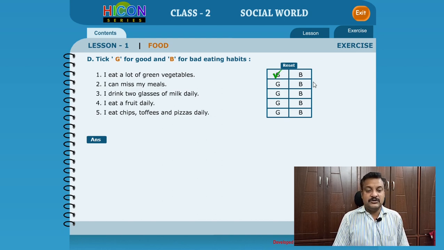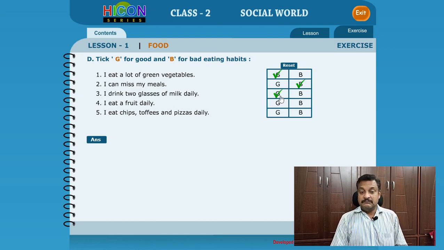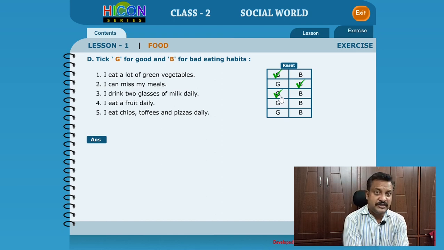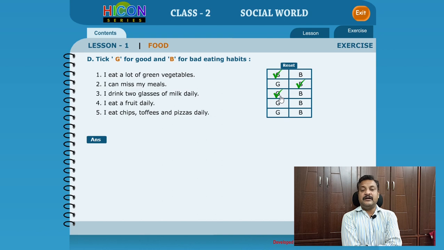So missing a meal is not a good habit. I drink 2 glasses of milk every day. Yeah, it's a good habit because milk is a wholesome food. It has all the nutrient elements required for our body, and it's good for us to drink 2 glasses of milk every day.